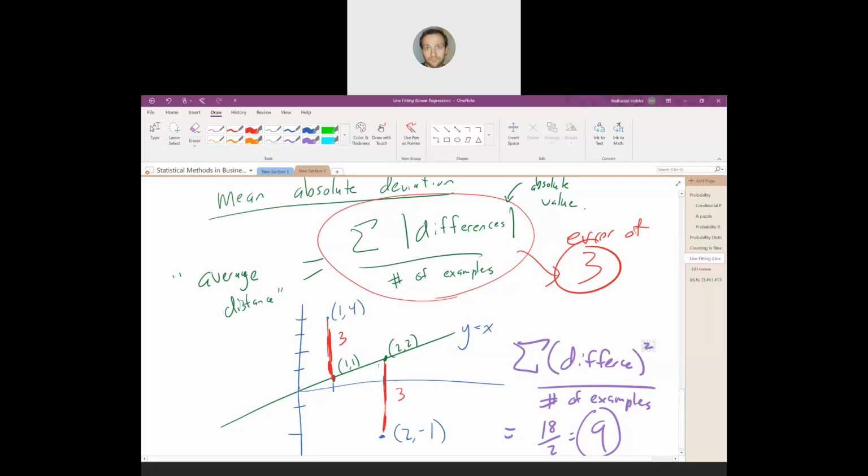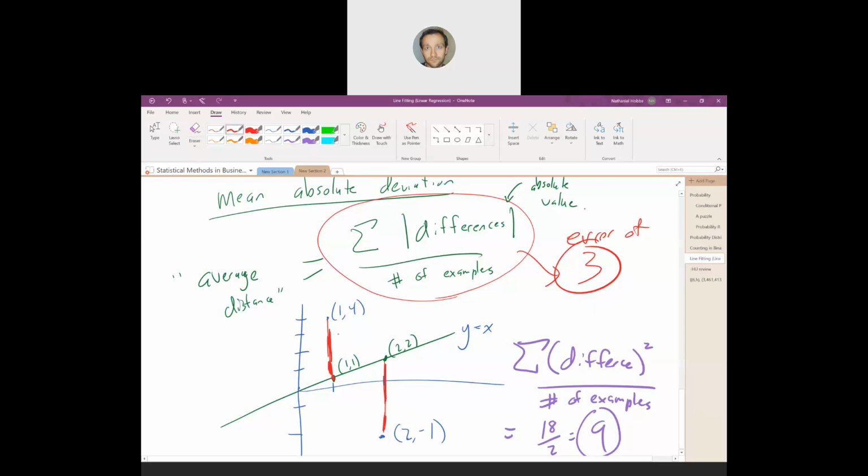If these were a distance of 1 from the line, let me just make up stuff. If these were distances of 1 from the line, then this would be equal to 1, and this would also be equal to 1. No difference. But when you get the points further away, they're not 1.